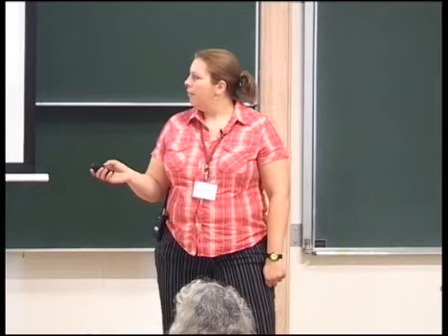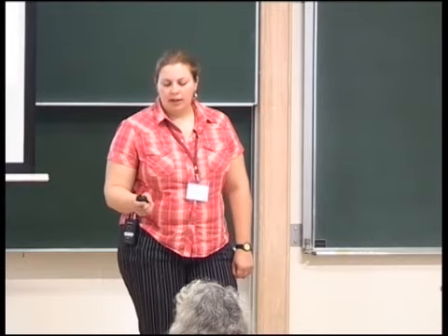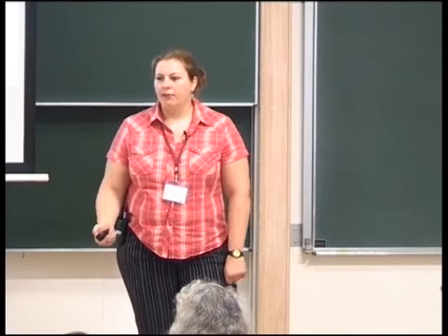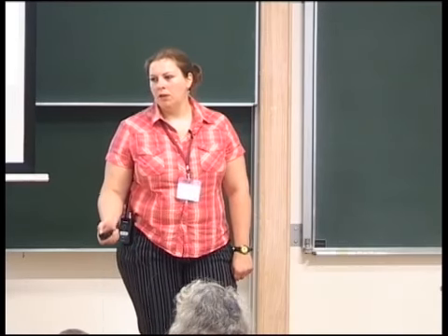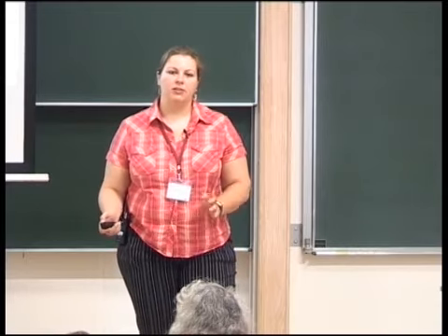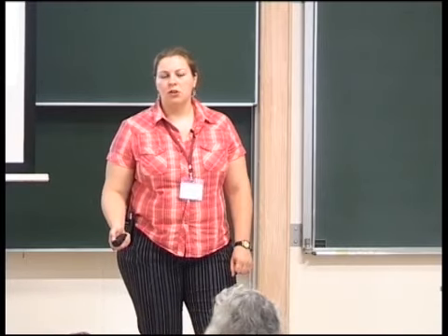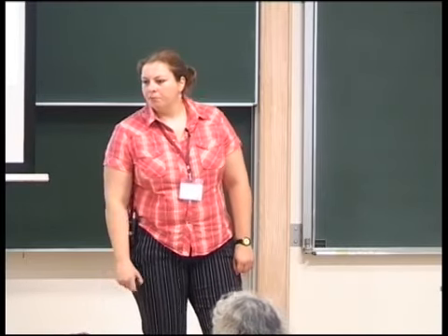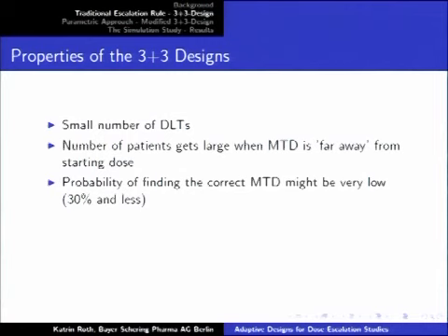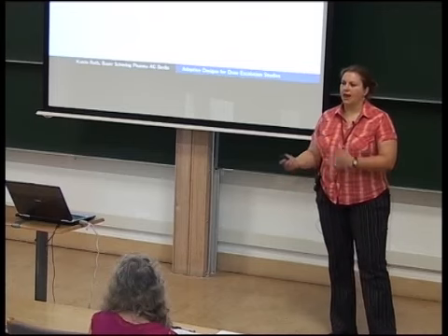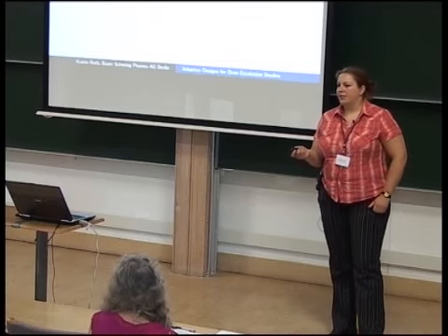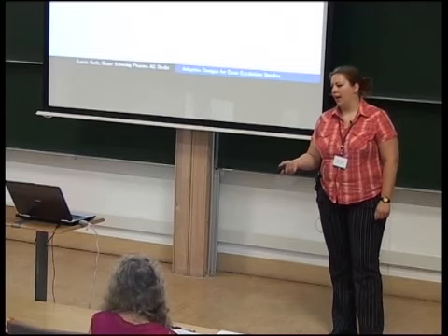In the example before, we had 45 patients, and that is a lot for a phase 1 study. Usually we try to have like 20 to maybe 30 patients, not more. The probability of finding the correct MTD is very low. Often it's 30% or less. So this design is not very precise in finding what we're trying to find.